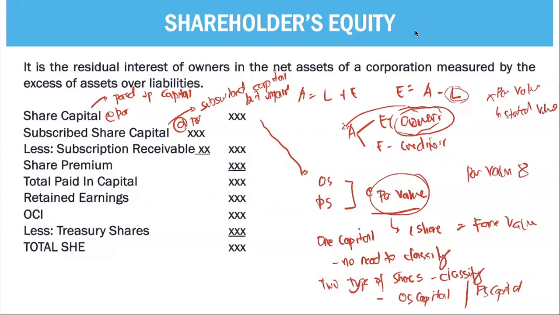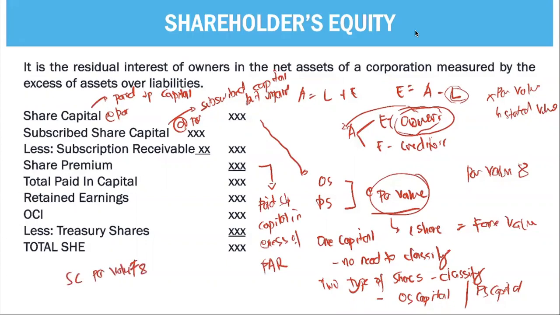Next, we have your share premium. Share premium is any paid up capital in excess of par. Okay? So for example, our share capital has a par value of 8 pesos per share.